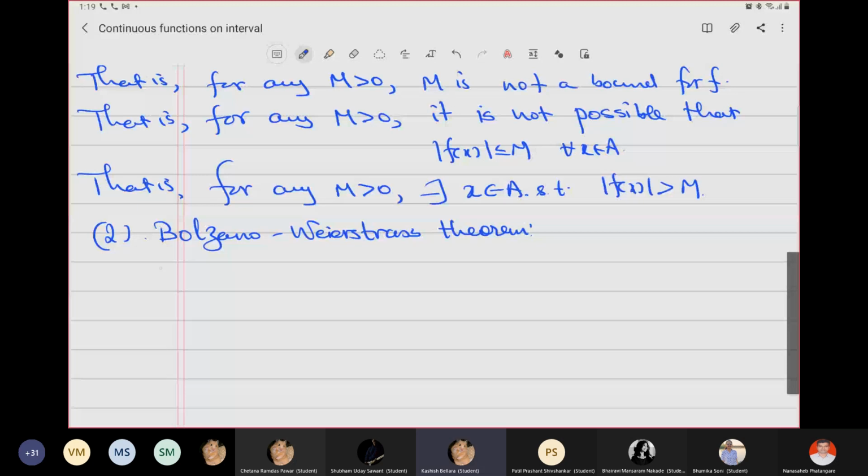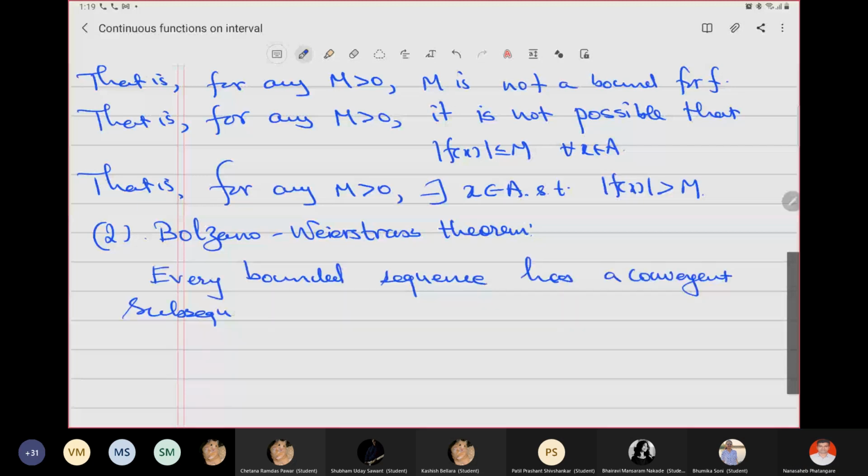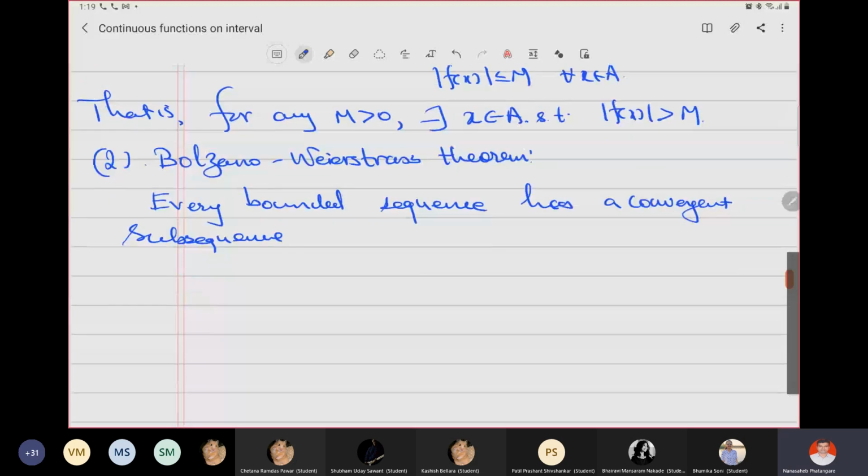So this is the Bolzano-Weierstrass theorem. And what is a bounded sequence?